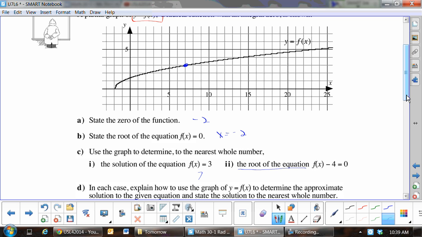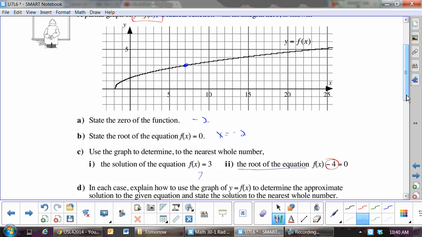Take f of x and do what with it? What is this doing to the graph? It's moving it 4 down. If I took this graph and moved it 4 down, where will it go through 0?